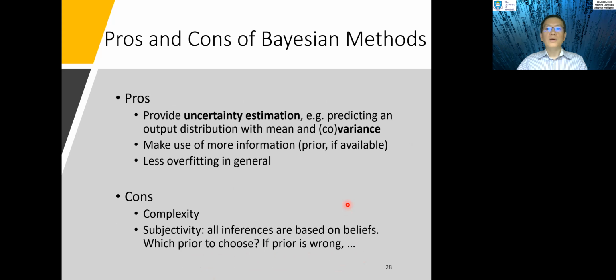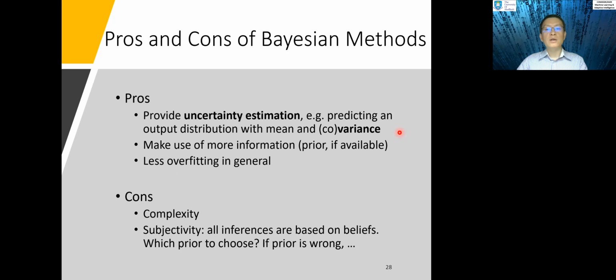And Bayesian methods have some nice properties. One of the most attractive properties is that it can provide uncertainty estimation. It can predict an output distribution with the mean and some variance or covariance.